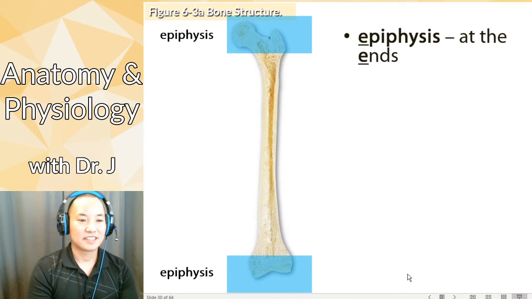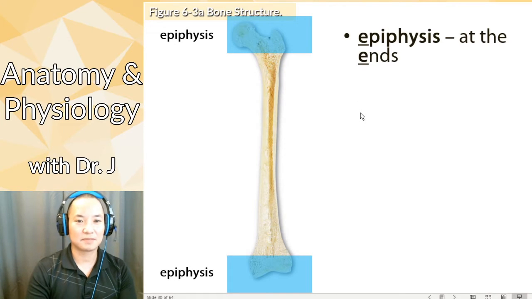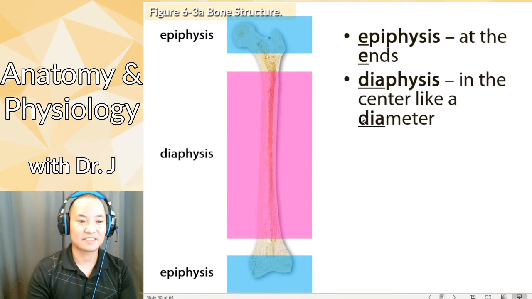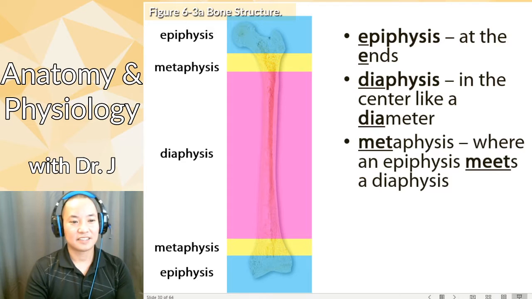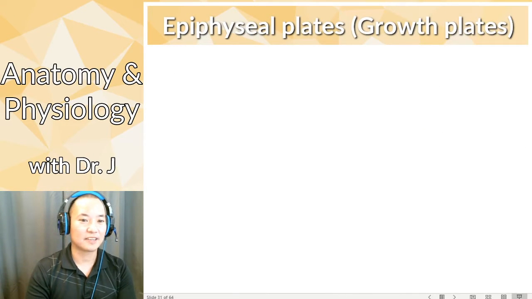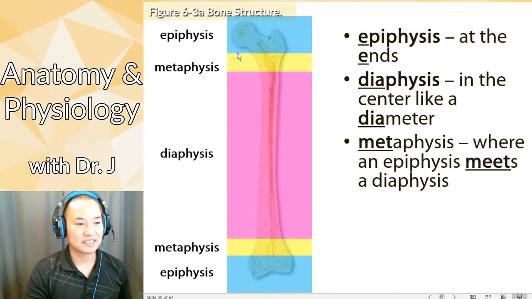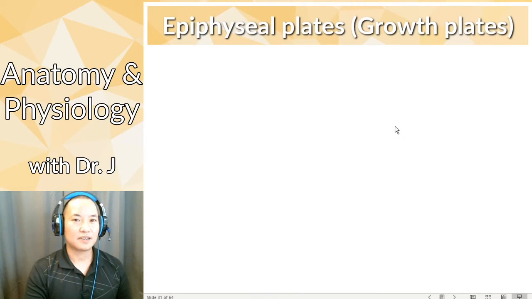All right, so then again, the three terms referring to different parts of a long bone are the epiphysis, diaphysis, and the metaphysis. Now, what we're going to talk about is epiphyseal plates, aka growth plates. They're actually not quite at the metaphysis. They're actually at the border of the epiphysis and metaphysis. So what are growth plates?